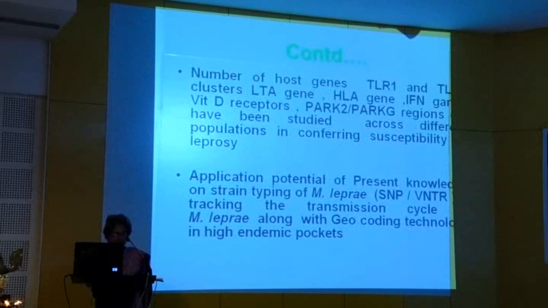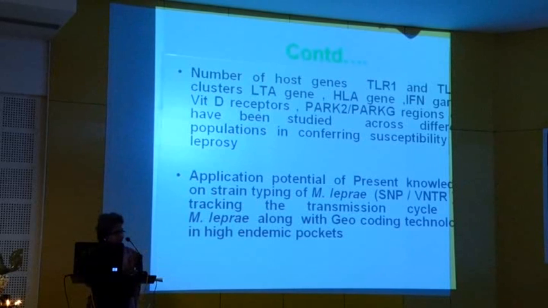the tools. There are a number of host genes, for example toll-like receptor 1 and toll-like receptor 2, which are membrane-associated receptors, the LTA gene, HLA gene, interferon gamma, vitamin D receptors, PARK2 and PACRG. These are all being looked into because they have shown potential in determining susceptibility.